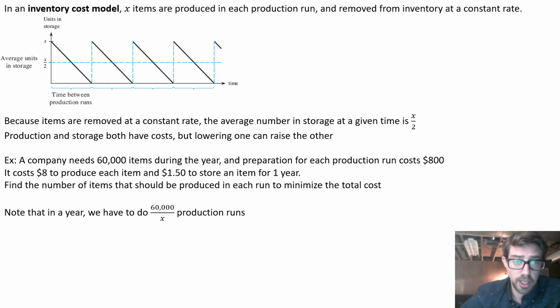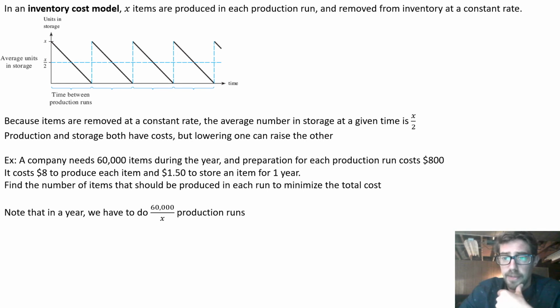So, like, if we produce 10,000 things every run, we only have to do 6 of them. See what I'm saying? If we produce 60 things each run, we'll have to do 1,000 of them to get our quota. So we need 60,000 items for the total year. So how am I getting those numbers? I'm dividing. So every year we have to do that many production runs, whatever 60,000 divided by whatever X turns out to be.